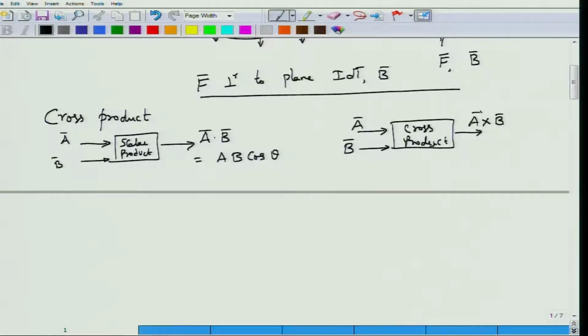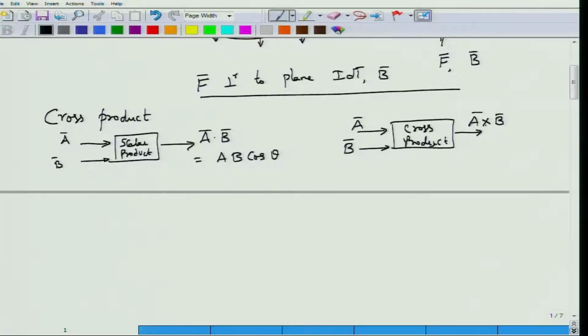Now, you can see that this is something that we would want, because you can take one vector as I dl, which is the current element along the direction dl, and the other vector as the B vector of the magnet itself. Sorry, I gave away the game, it is the magnetic field B. So, you have vector A and vector B, and the result can be the force on the current carrying conductor, which is another vector, such that it would be perpendicular to the plane that contains both the vectors.